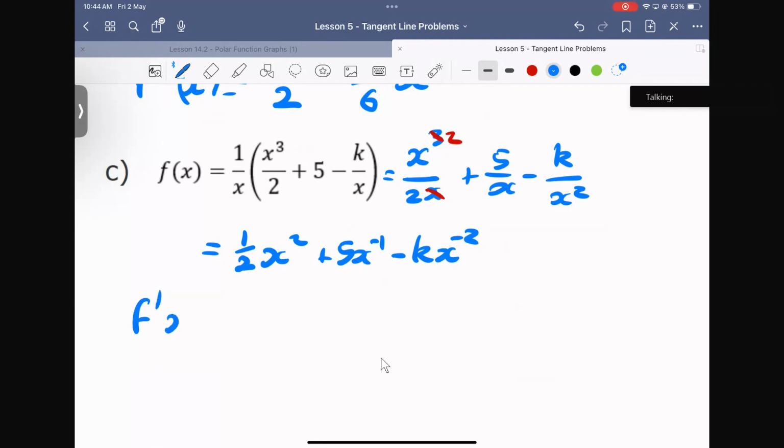Notice how I'm showing when I'm switching from the function to the derivative by using the correct notation. So 2 times a half, that's 1. This is going to be x. This is going to be minus 5 over x squared. This is going to be plus 2k over x cubed. All right, get your calculators out, get them ready.